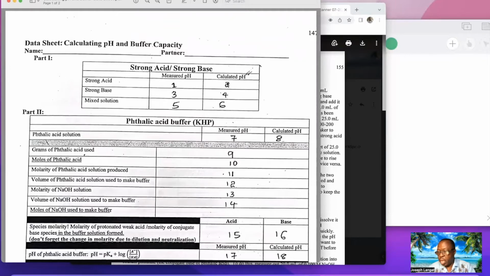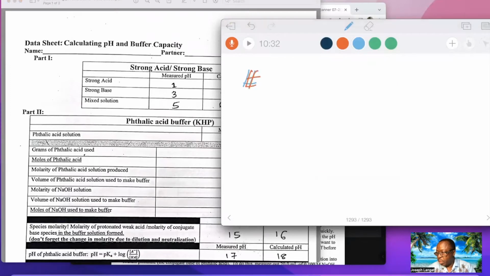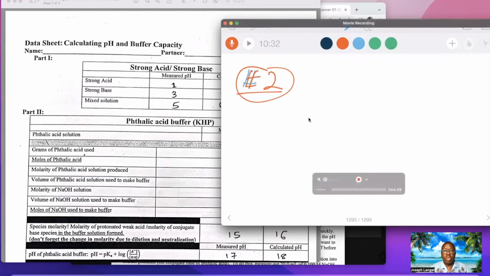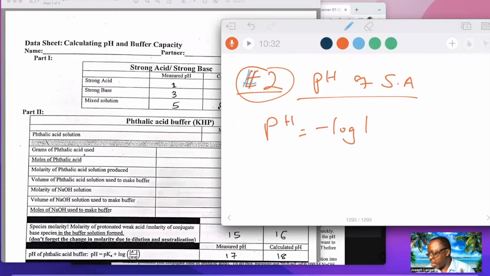For number 2 on the data sheet, this is the pH of a strong acid. We'll use this equation: pH equals negative log of hydronium concentration.